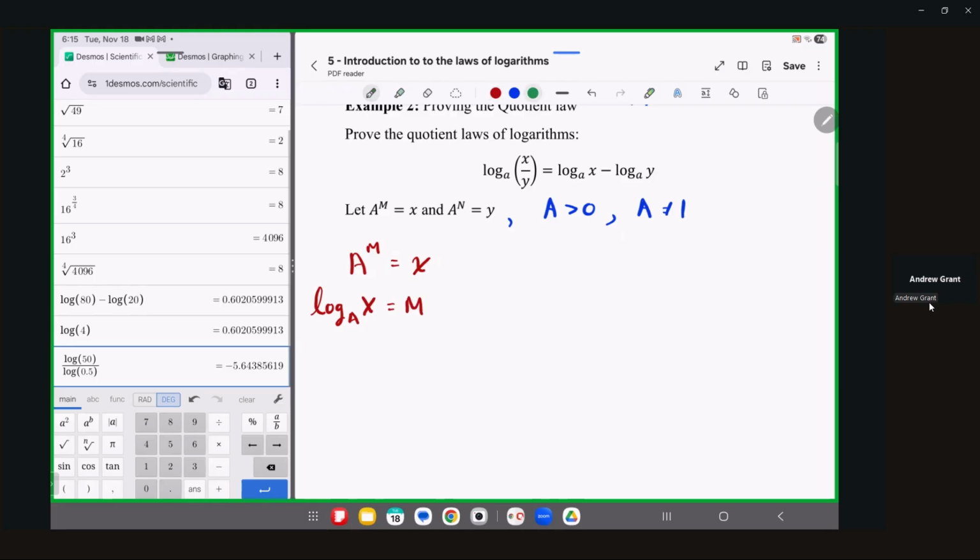By a similar token, if a to the power of n is equal to y, then we could say log base a of y is equal to n. So already you should be looking at these as if we were making progress, because our answer is supposed to be a log base a of x and a log base a of y, and we appear to have two of those already. So let us begin.